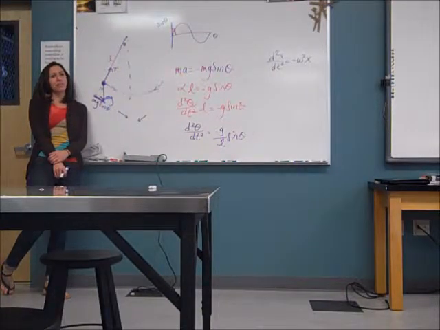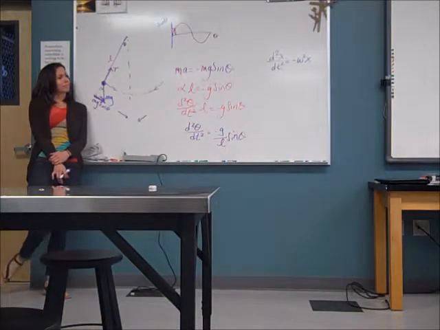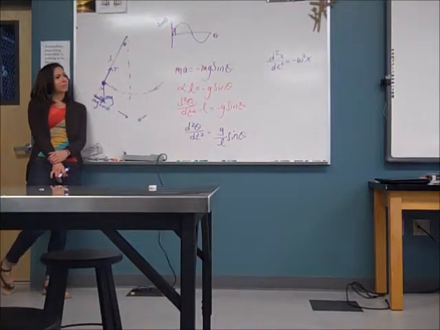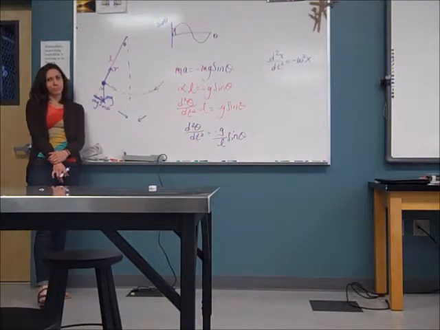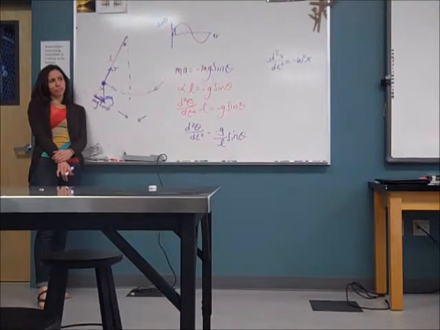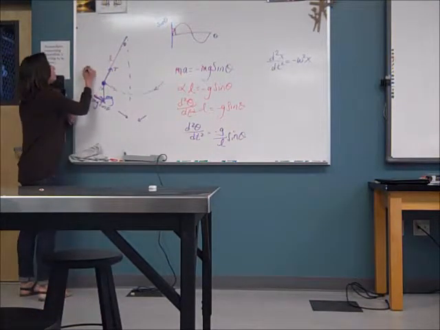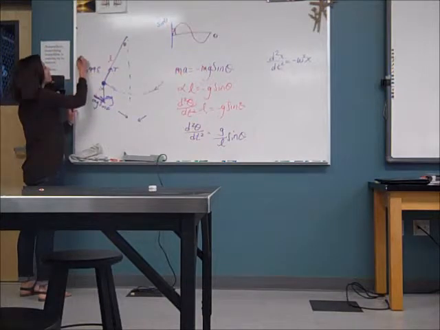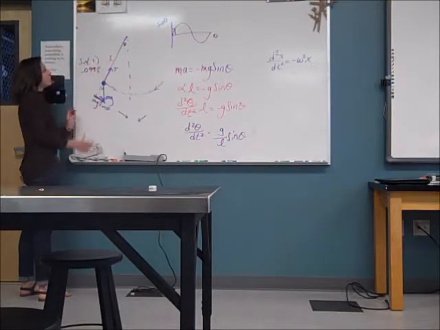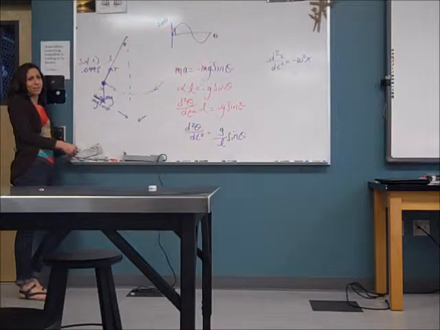If you have your calculator out, what is the sine of 0.1 radians? 0.09983341. So sine of 0.1 is equal to 0.0998.